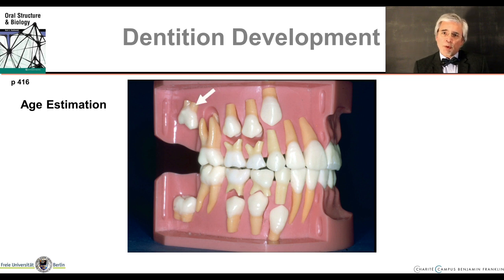But the second permanent molars, which erupt at the age of 12, have not yet erupted, but they are sitting in the bone. So the child is not at all 12 years old. I estimate then about 10 years plus minus 1 year. I cannot do it any more precisely now. The individual variation is quite large.